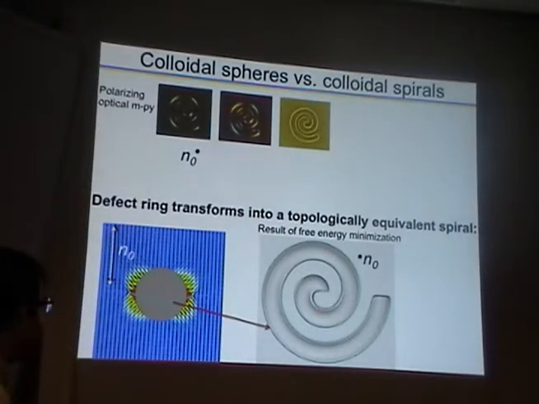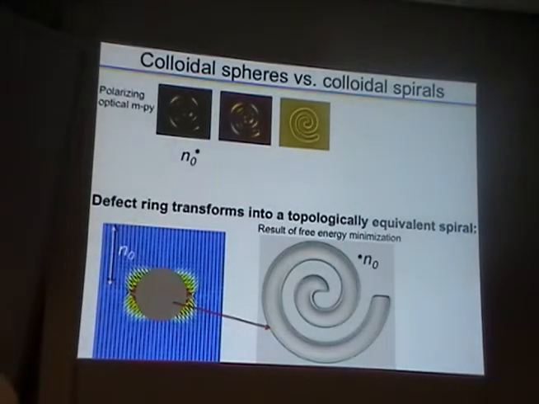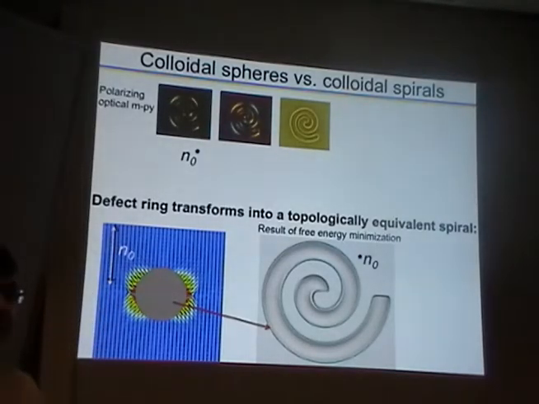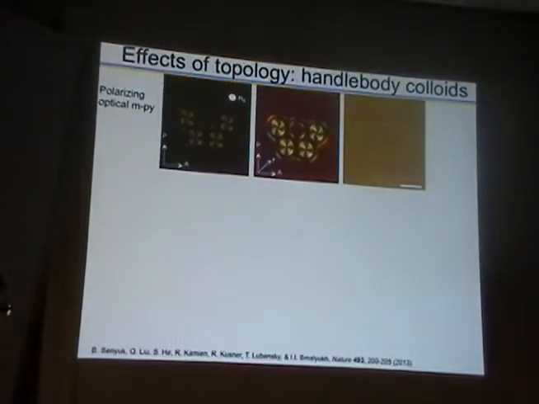So what essentially happened is you morphed the sphere to a spiral, but also this defect loop, the Saturn ring that we had for spherical colloidal particle, got morphed to a spiraling defect loop that you can see depicted in here by this bluish line. Right? So, well, geometrically it's interesting, but topology is the same as we had in the case of spheres, because those two are homeomorphic to each other.